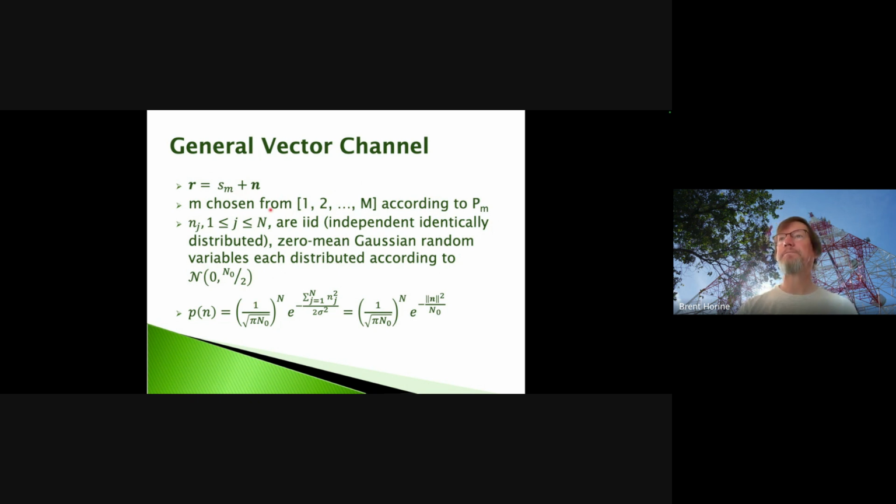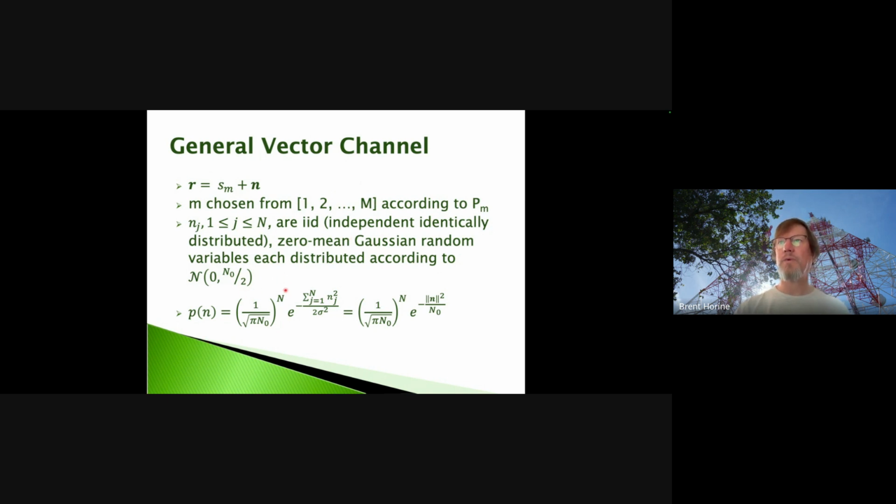Here, this independently identically distributed means each noise sample or instant is independent of any of the others, but they're all identically distributed. So they would have the same statistics overall.